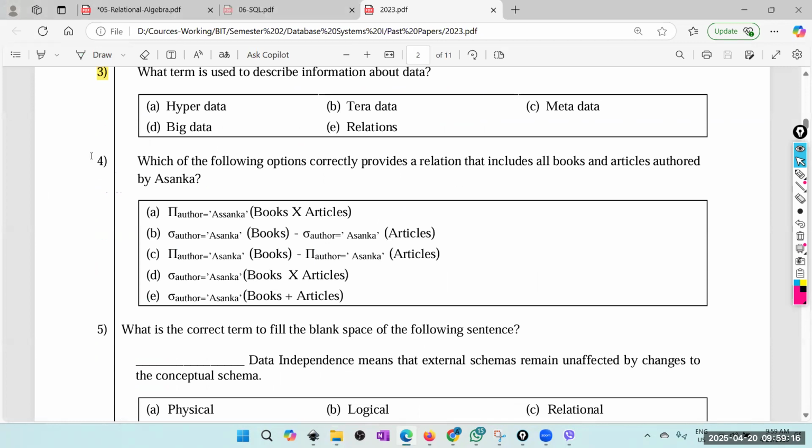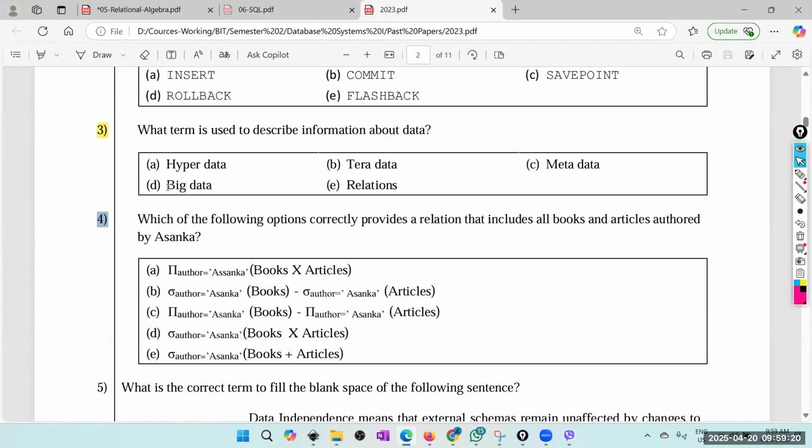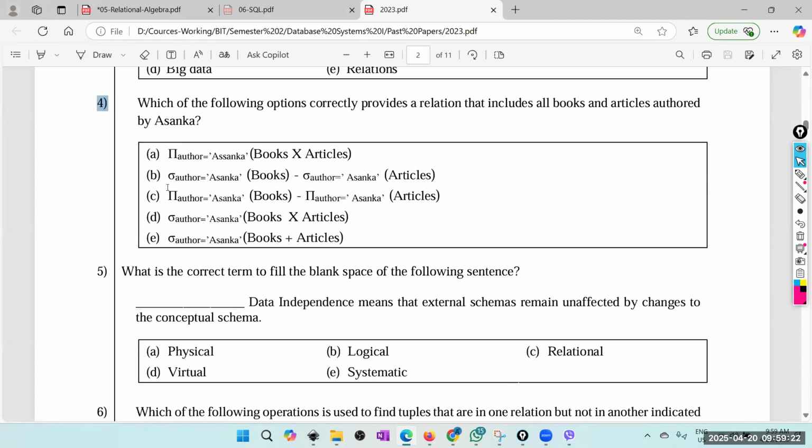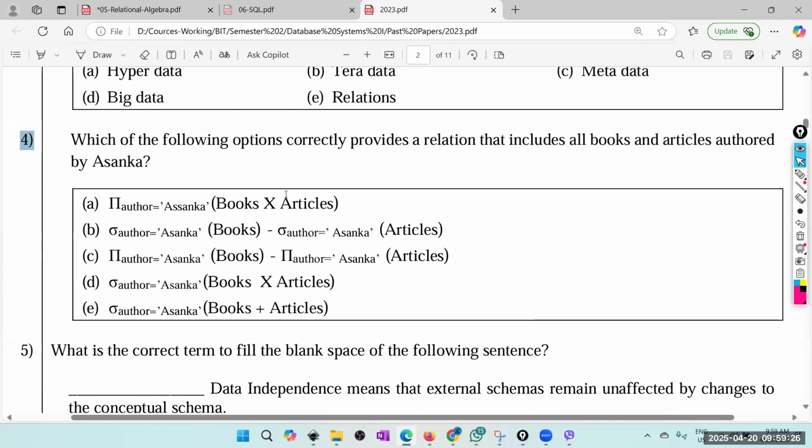Try to do this one, the fourth one. This is last year's paper. Which of the following options correctly provides a relation that includes all the books and articles authored by Asanka? I hope it's authored by, not authorized, authored by Asanka.